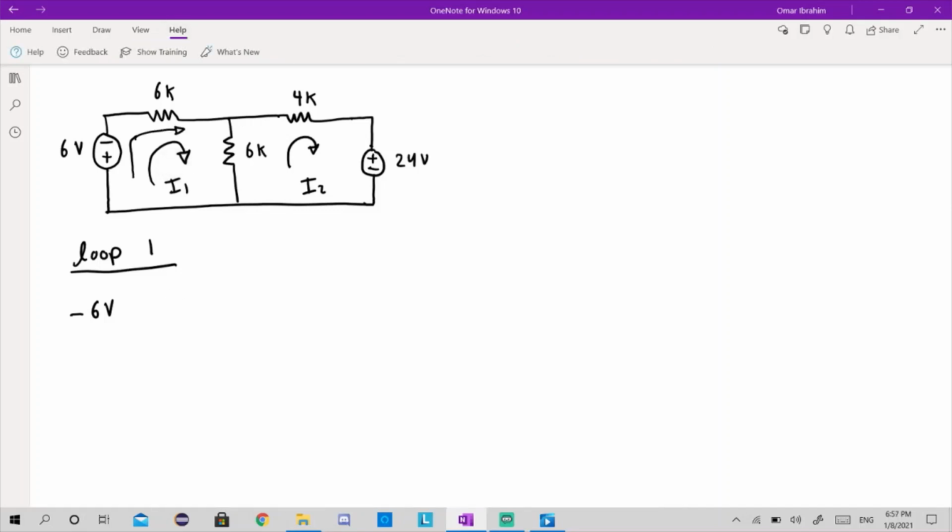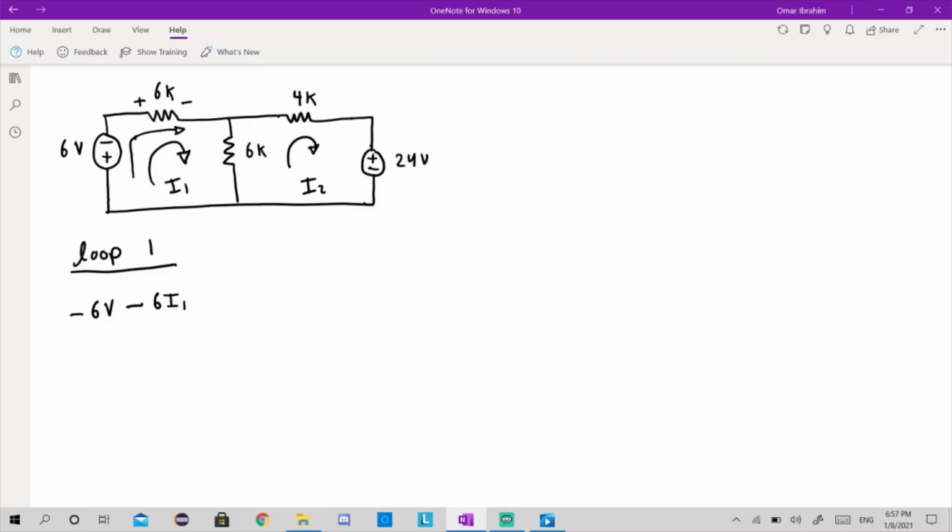And as I noted before, whenever you go through the resistor, the current is traveling this way, you're going to have a voltage drop. So you're going to say -6 times I1, because that's the voltage. Since V equals IR, the resistance is going to be 6, and your current is I1, and you have to put a negative because of that polarity.